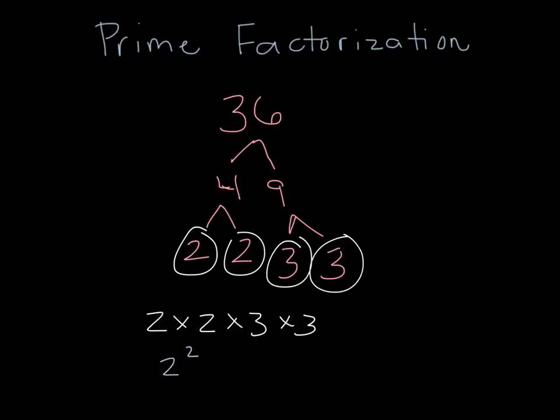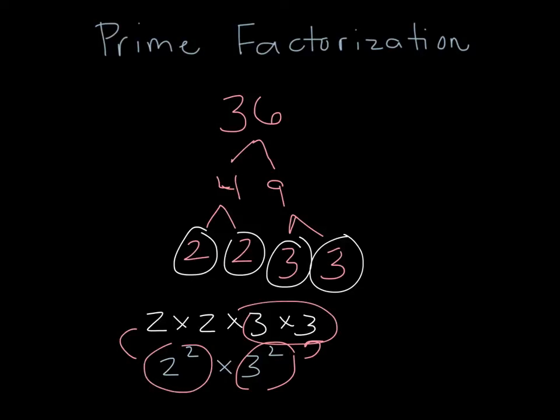Then we multiply that with, and I'm going to switch my marker over here, 3 squared, because 3 squared, let's circle this, equals the 3 times 3. And the 2 squared equals the 2 times 2. So we can rewrite, and that's a little bit messy there, but we can rewrite 2 times 2 as 2 squared times 3 squared.